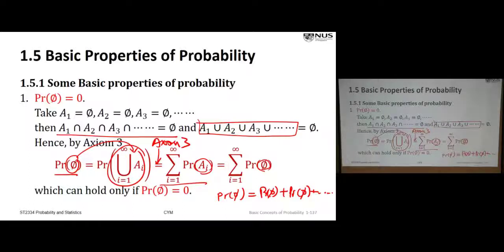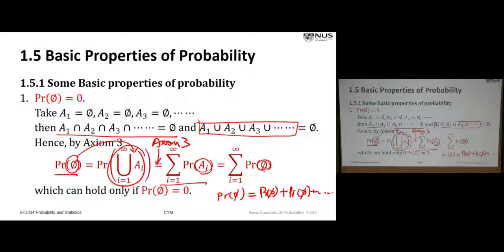Add another 0, add another 0, it's still 0. So the solution for this equation is that the probability of the empty set is 0. Any number other than 0 will not give you the left-hand side equal to the right-hand side. So that's why the probability of the empty set is 0.